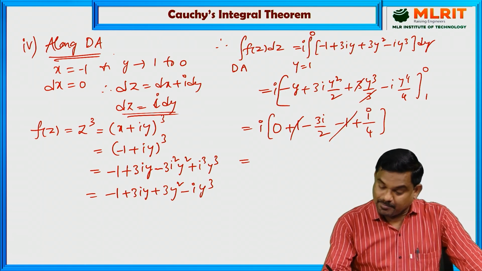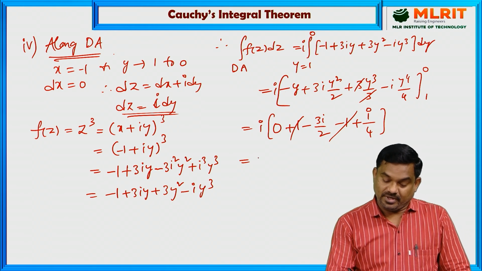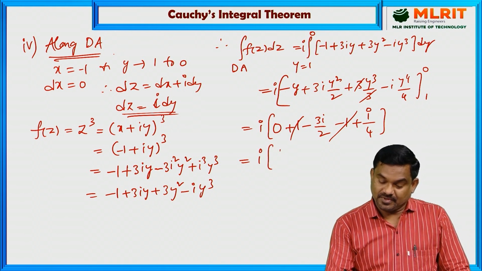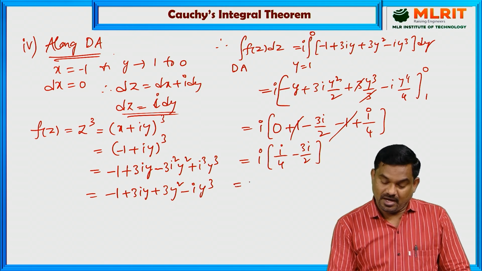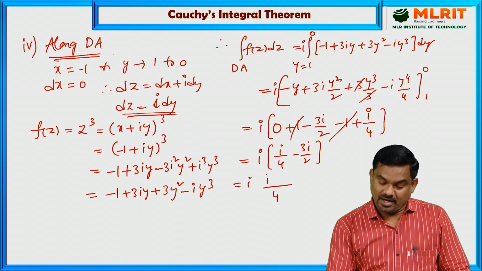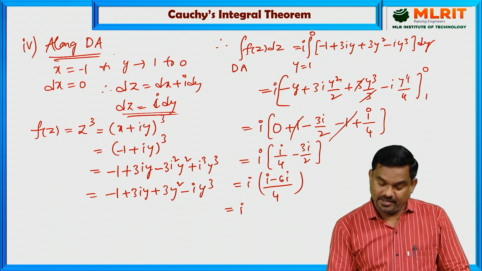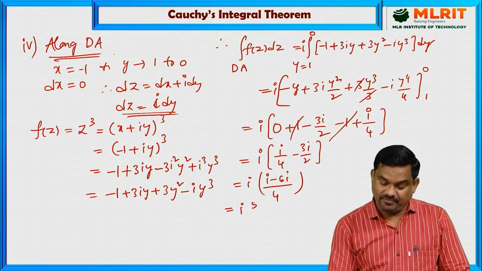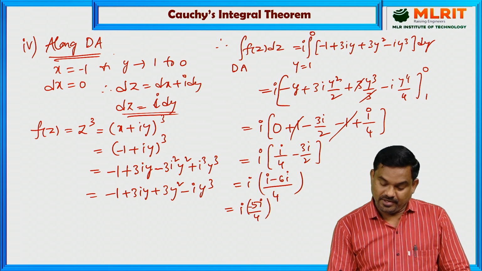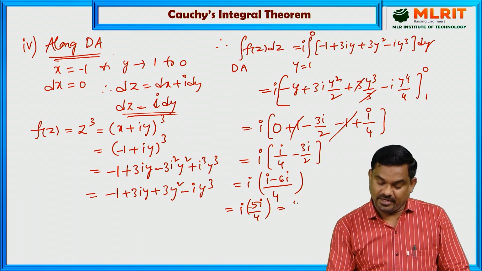This is i by 4. Okay, this is i into i by 4 minus 3i by 2. So i into 4 LCM, i minus 6i, this is i into 5 minus 5i by 4. If you multiply with this i, we get 5 minus 5i square by 4, which is 5 by 4.